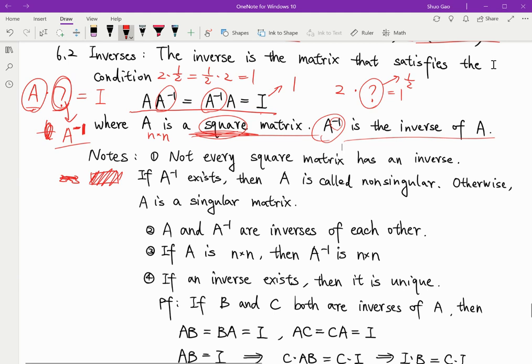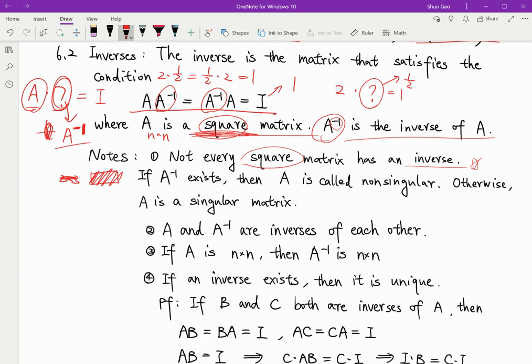And some notes. Not every square matrix has an inverse. Even though this is a square matrix, not every one has an inverse. It has to meet a particular criteria, and this is our major topic in chapter 5.